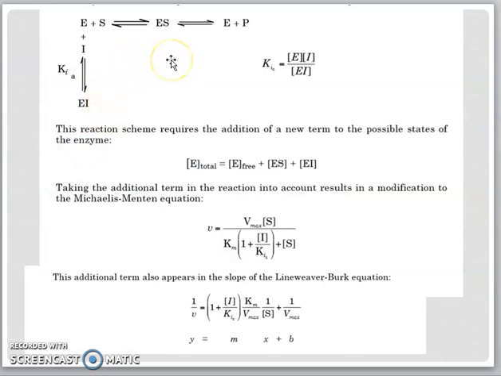This slide shows the linear equation of Lineweaver-Burk for inhibition.